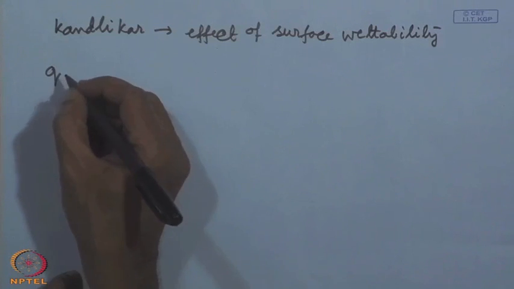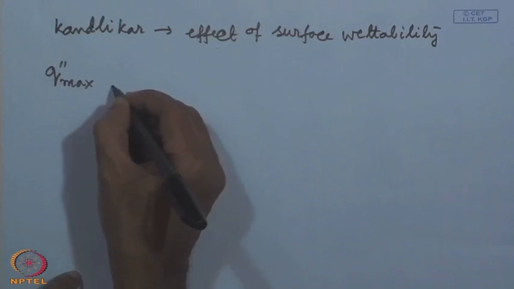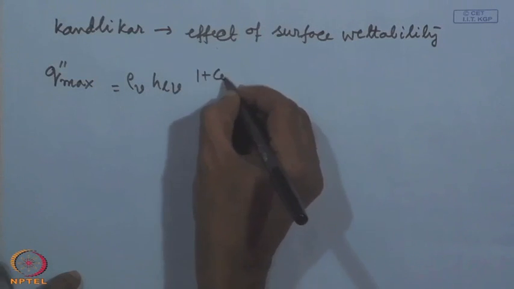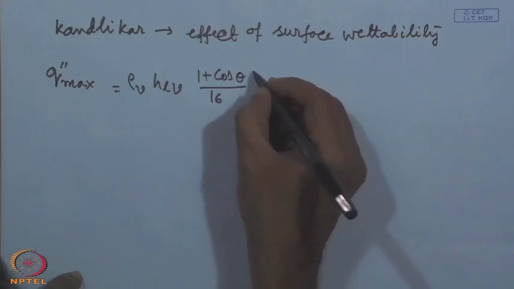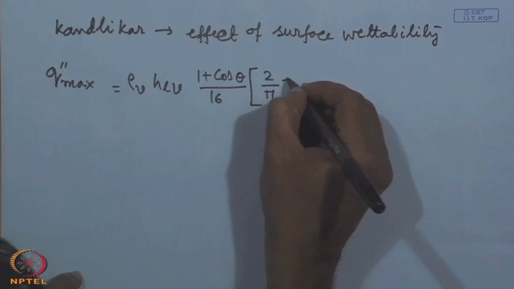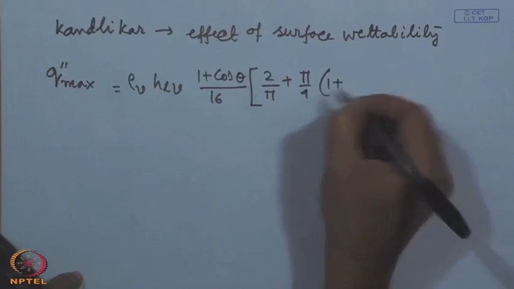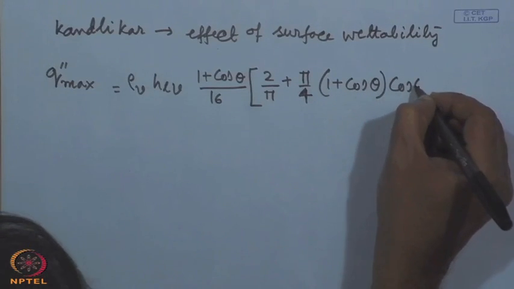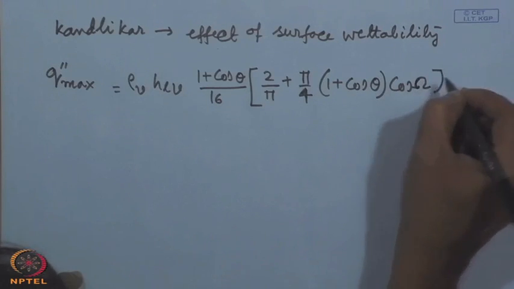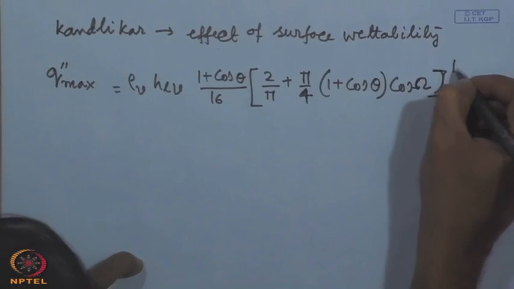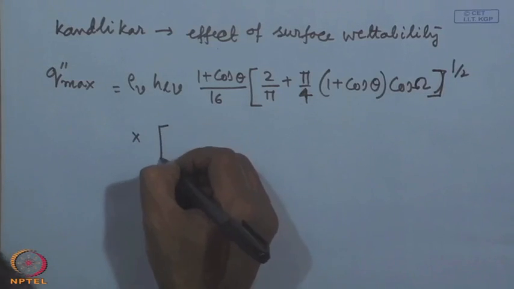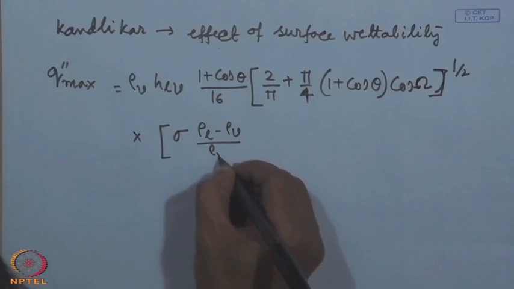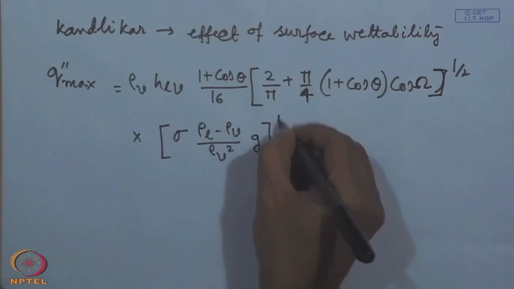He has proposed a relationship like this: q max is equal to rho v H L v, plus pi by 4, 1 plus cos of theta, cos of capital omega, to the power half, multiplied by sigma into rho L minus rho v by rho v square into g, whole to the power 1/4.